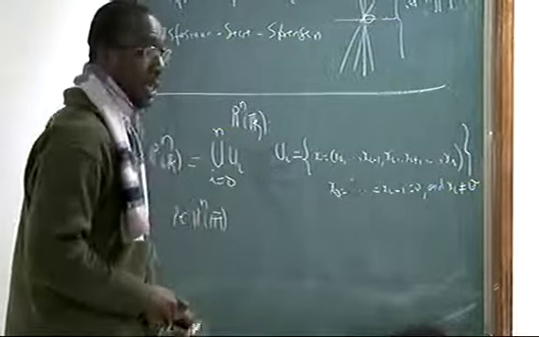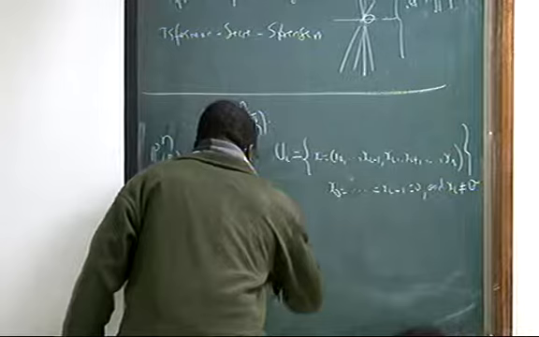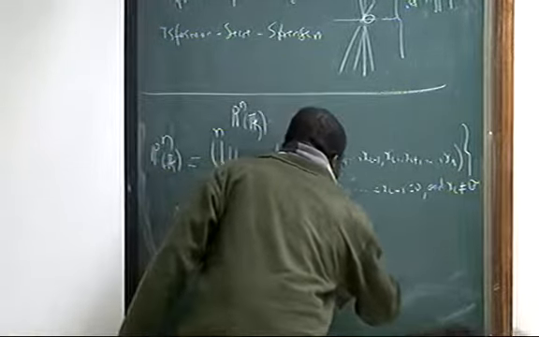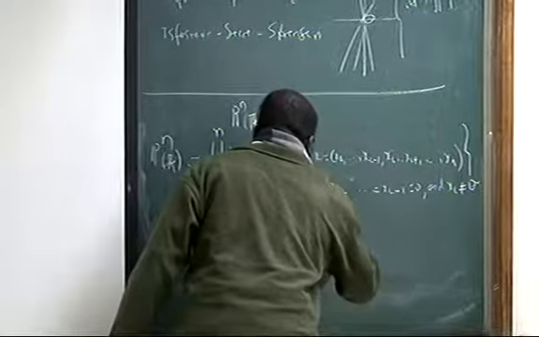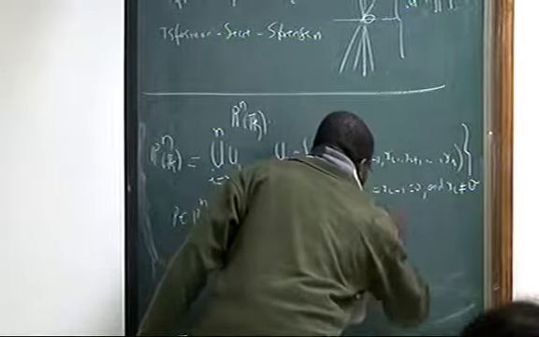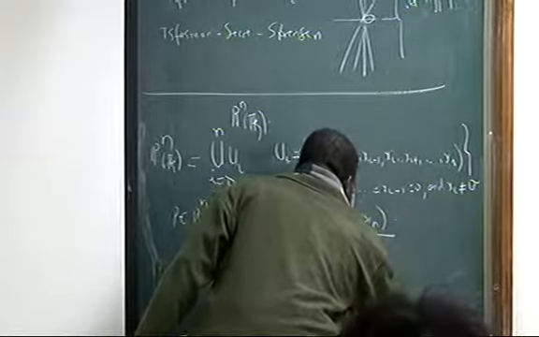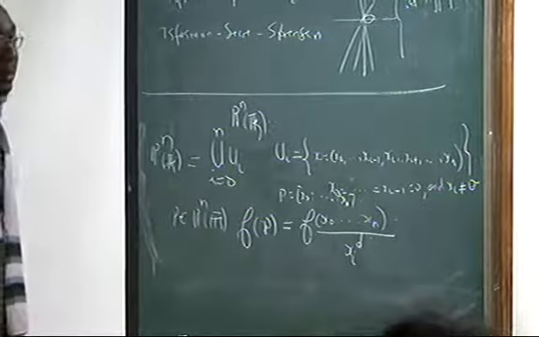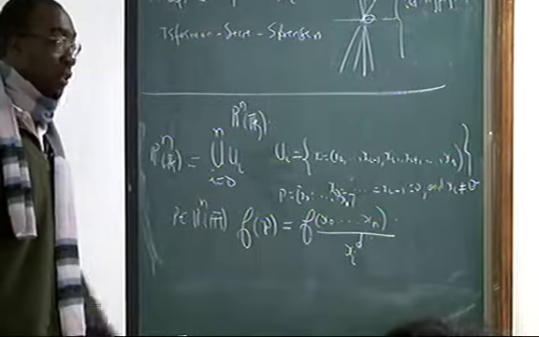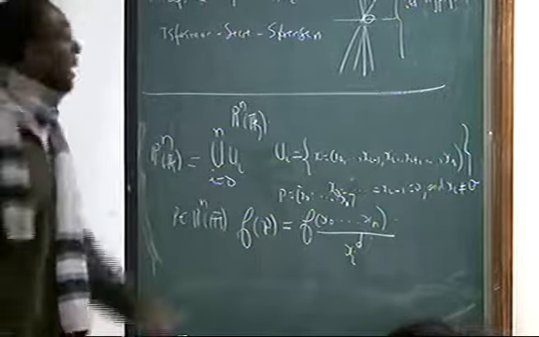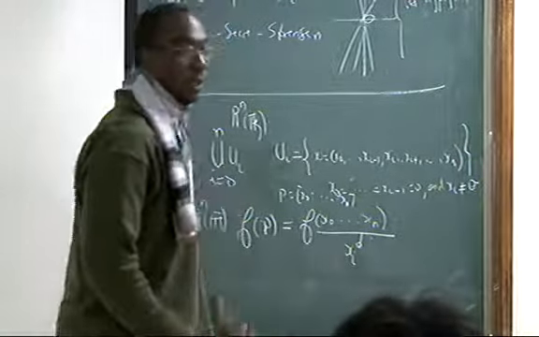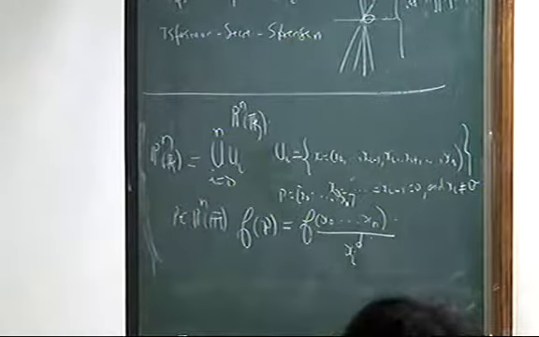So if you take a point and want to evaluate it, you can write f(P) as f divided by x_i^d, and it is well defined. With this construction it is well defined. Here d is the degree of the polynomial.